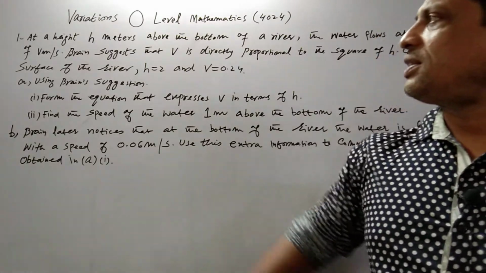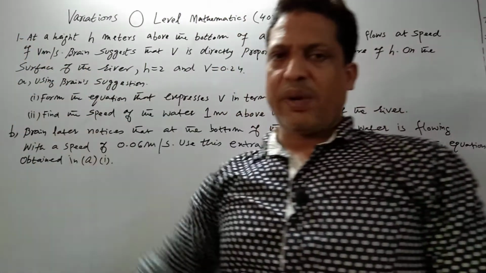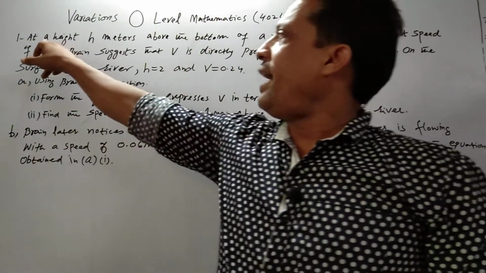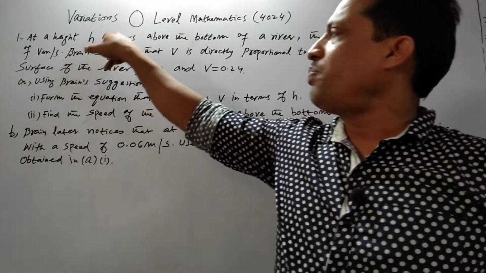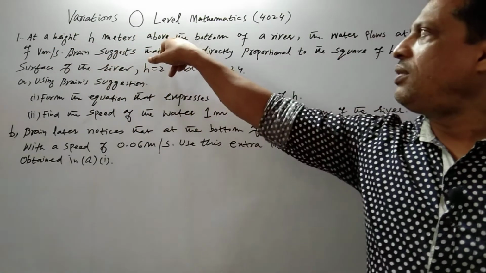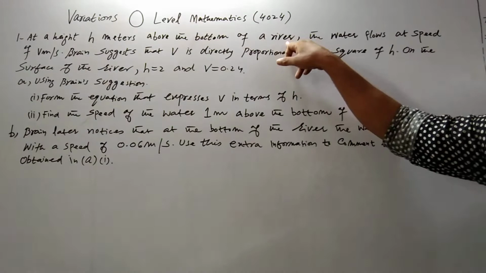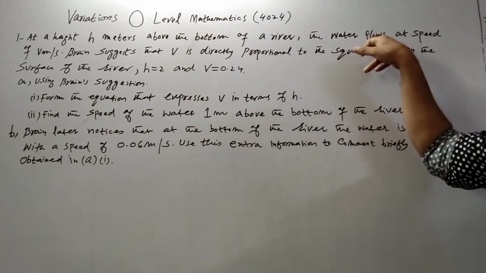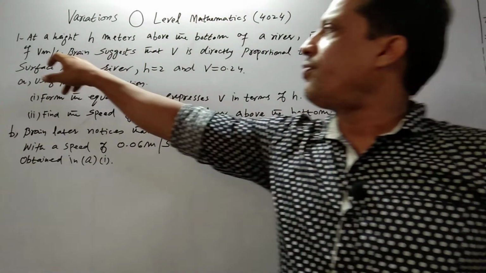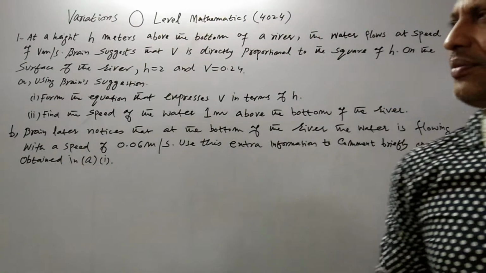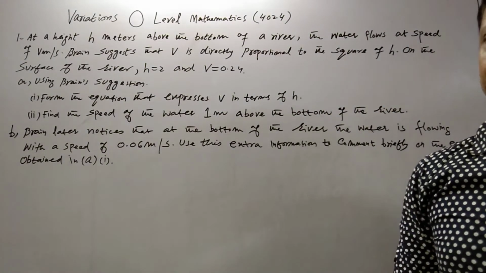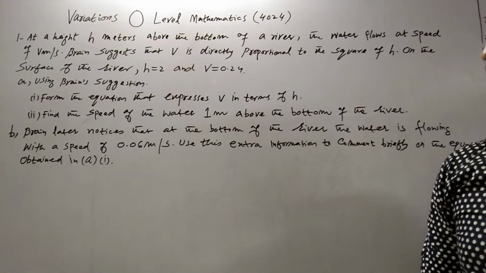Question number 1. At a height h meters above the bottom of a river, the water flows at a speed of v meters per second. This is the information given in this question.